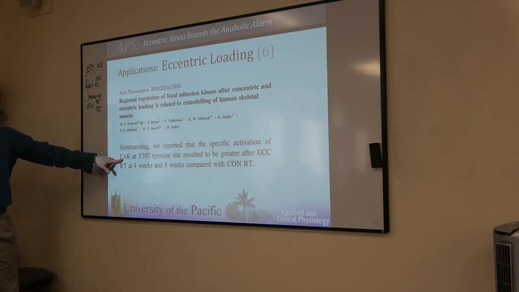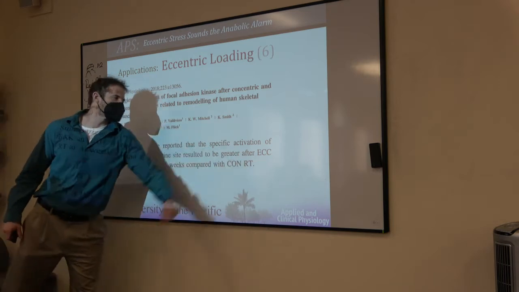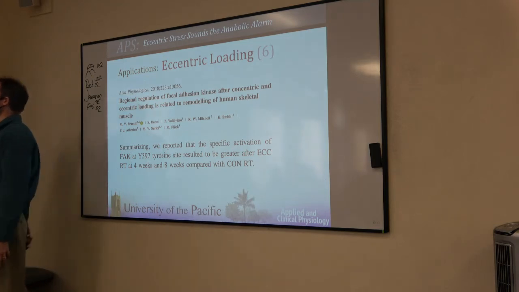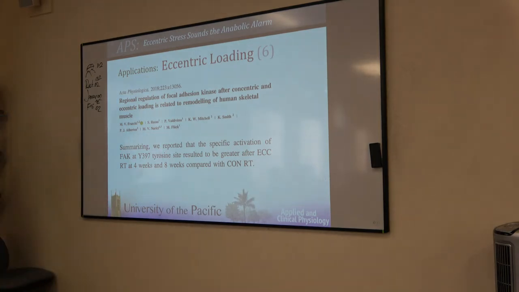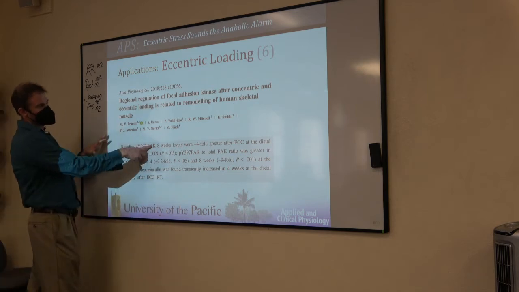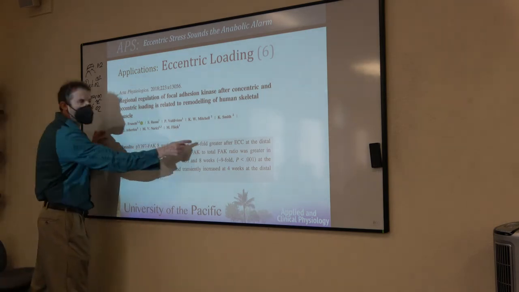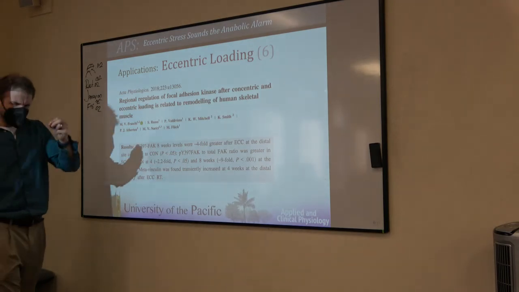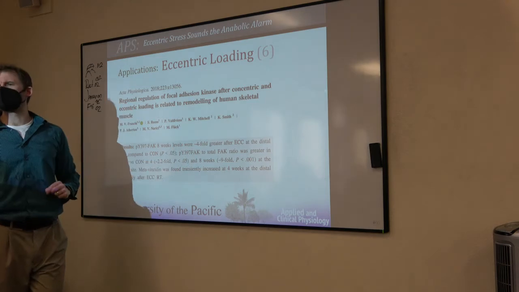Focal adhesion kinase, FAK, greater after eccentric loading than after concentric resistance training loading. And it's not a small effect. Phosphorylation of focal adhesion kinase, 8-week levels were 4-fold greater after eccentric loading. It's not a modest effect. The mechanical signaling, it cares about eccentric loading too.